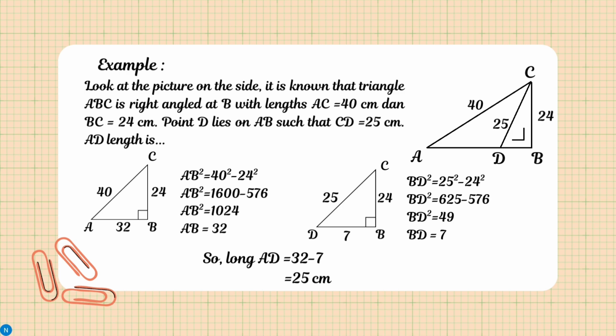BD squared equals 625 minus 576. BD squared equals 49. BD equals 7. So the length AD equals 32 minus 7 equals 25 cm.